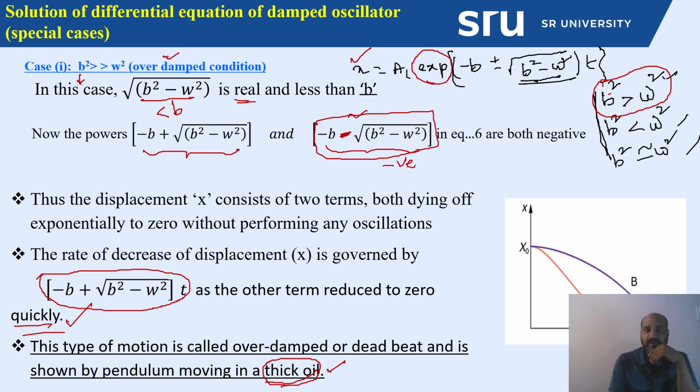Even we can observe that graphically. This is because of the first term, where the amplitude is decreasing a little bit slower. And this red graph is because of the more negative value, where the displacement of the oscillator decreases very rapidly.